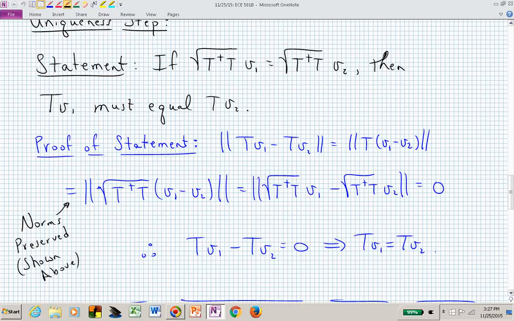We essentially compared TV1 with TV2 by taking its norm.